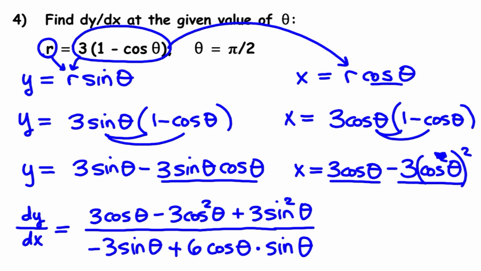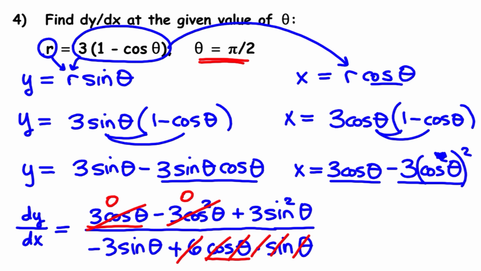So there's dy/dx. Now we're just going to go ahead and plug the pi/2 in for all these thetas down here. So we'll have 3 cosine of pi/2. Well, cosine of pi/2, cosine of 90, is 0. So that's gone. All the cosine of thetas are going to be zeros, including this, which is going to knock all this out. That's a lot easier. And then the sine of pi/2 is 1.